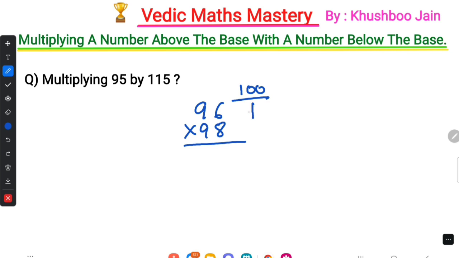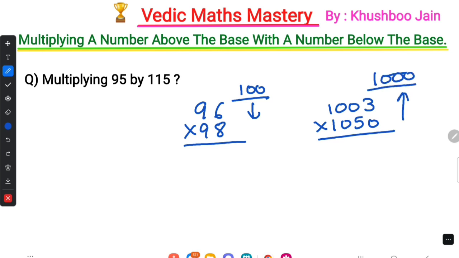And we have already solved examples like 1003 and 1050, where the base is a thousand and the numbers are above the base, so there is an addition. We have already solved these examples.